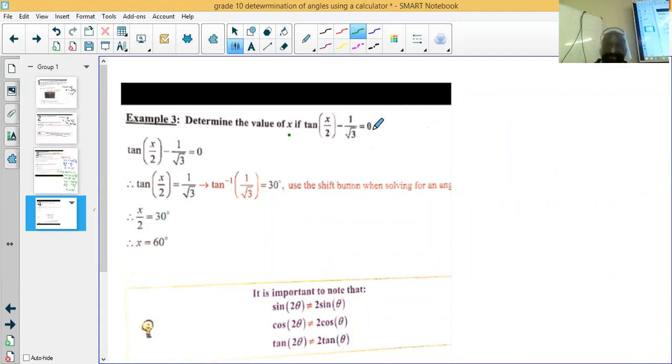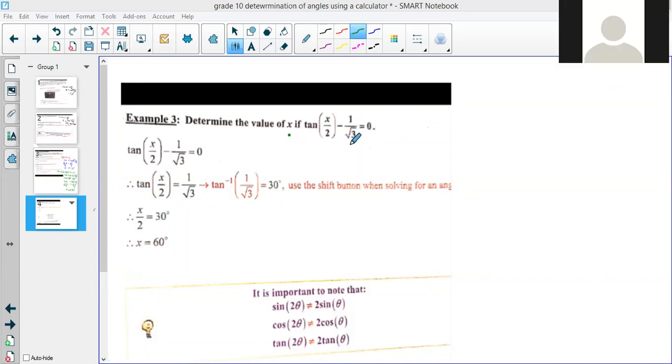What is the first thing to do on this one? You add, right. You transpose negative 1 over root 3 to the other side.